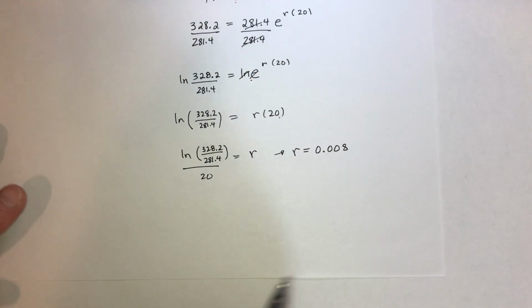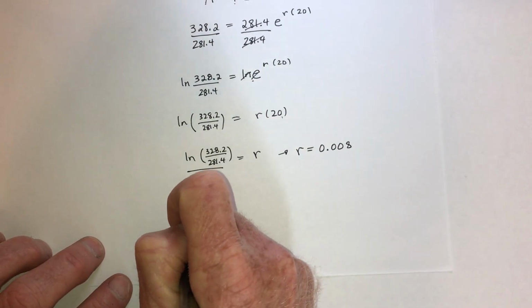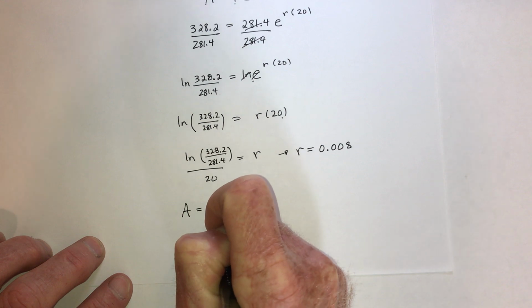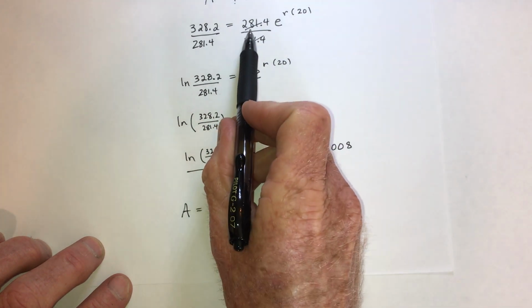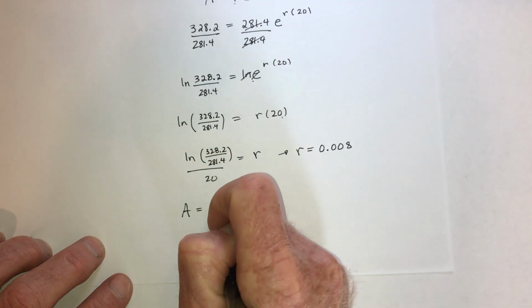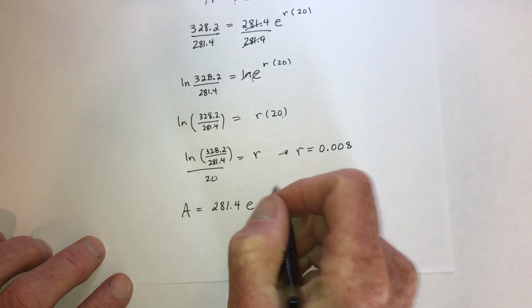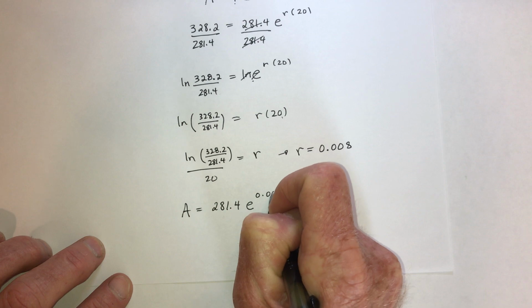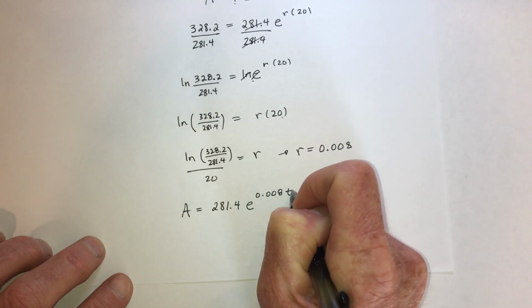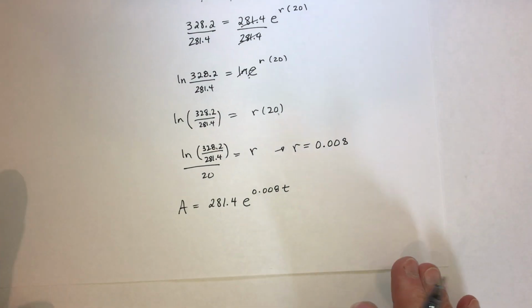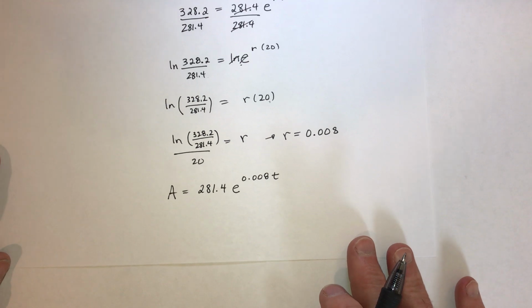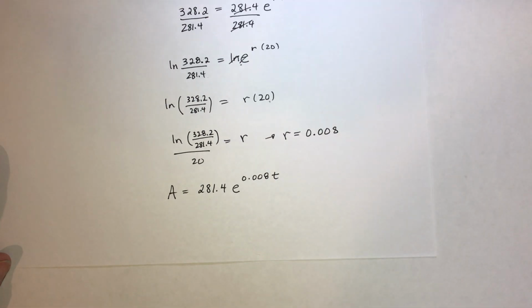Or in other words, the growth formula is going to be the starting number. So I'm just going back to this right now. So that's 281.4 e to the 0.008t. So that's the function that will predict the population of the United States in the following years.